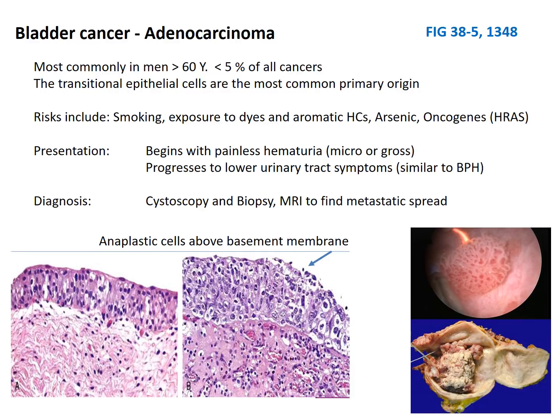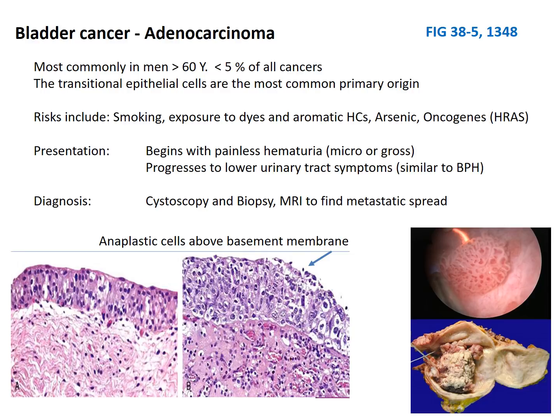Carcinoma in situ. And then those two other pictures there showing you a cystoscopy of the epithelial cancer, and then probably a post-mortem or definitely post-surgical photo of a very, very large tumor occupying the majority of the internal region of the bladder.